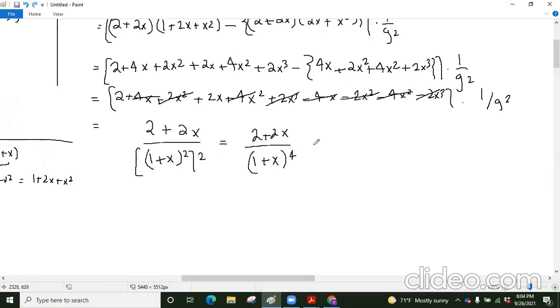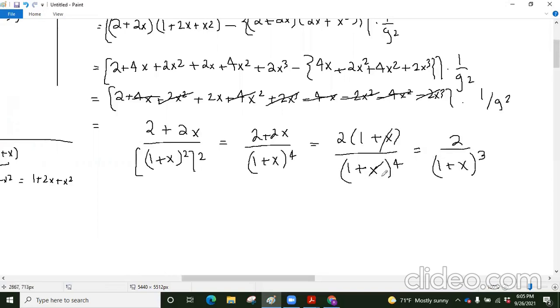We multiply the powers, factor out the top, so 2 is common, 1 plus x over 1 plus x to the fourth, and that is just 2 over 1 plus x to the third, because this cancels out with one of these.